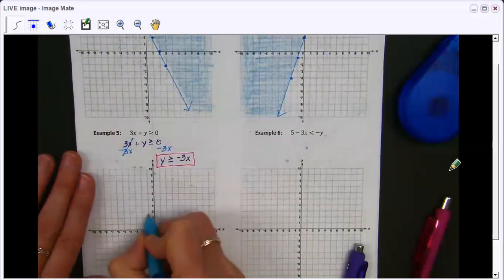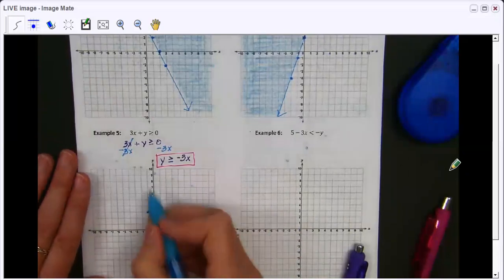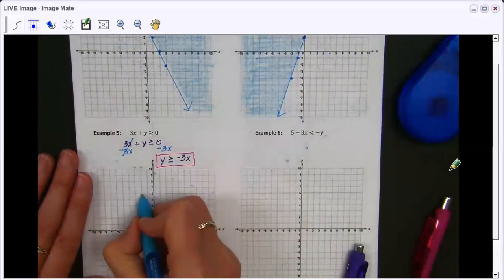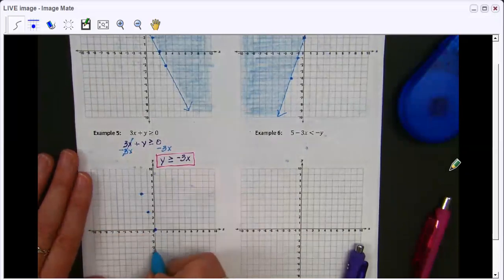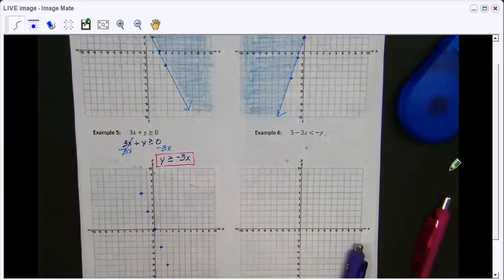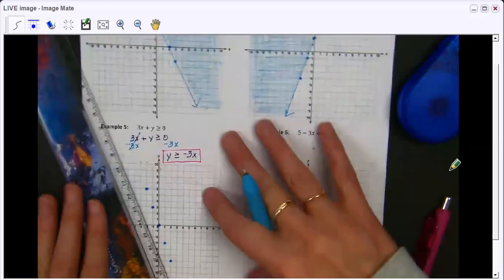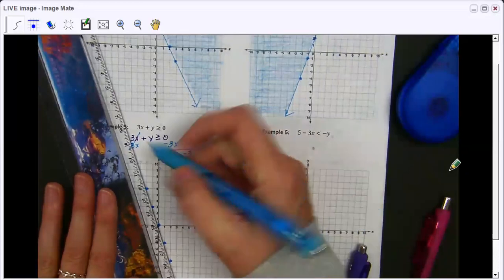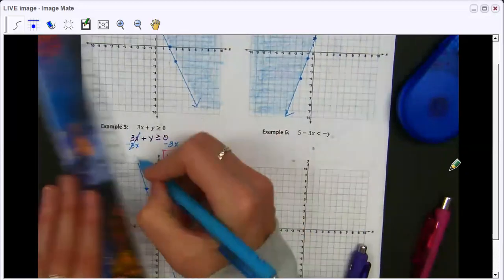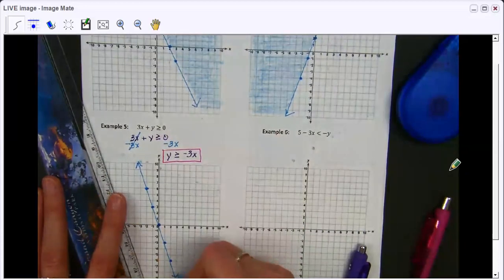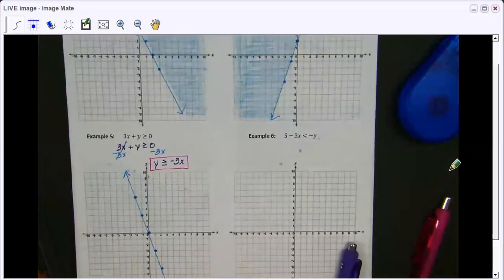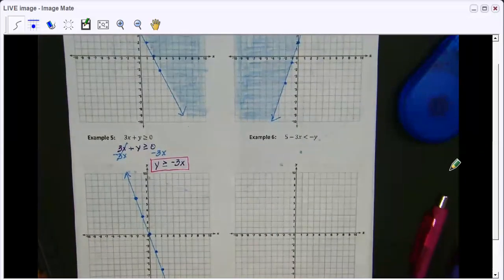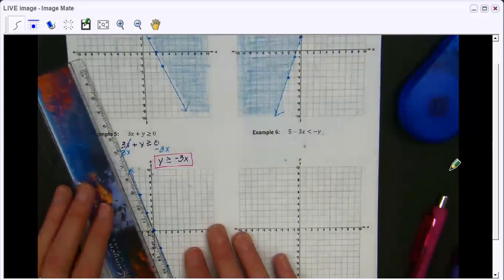And we're going to rise 3, run a -1, or go down 3. Right, and then because there's an equal sign, we're going to draw a solid line. Okay. And y is greater than, so we shade above the line.